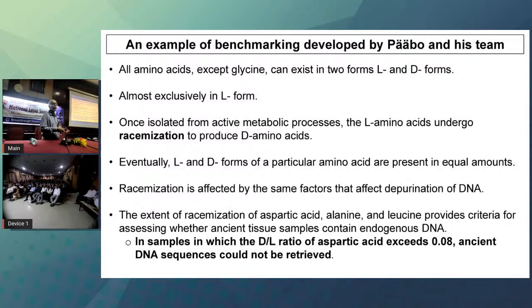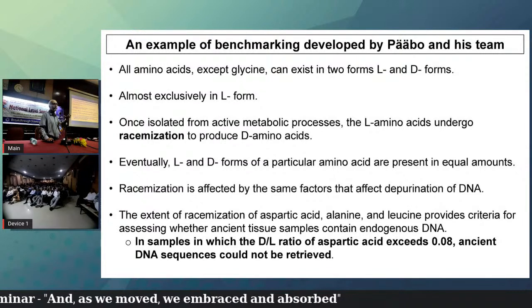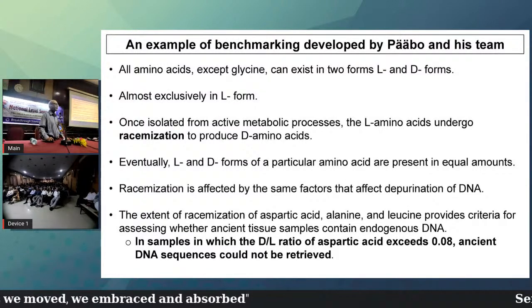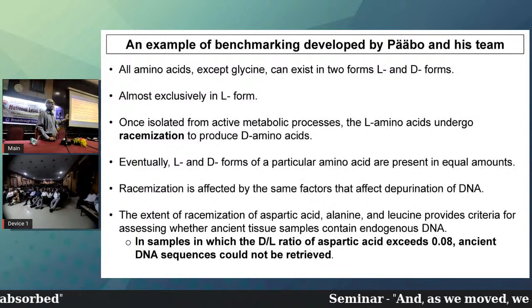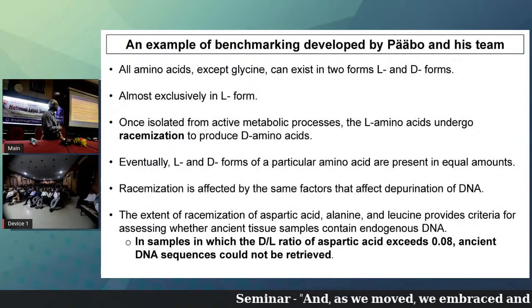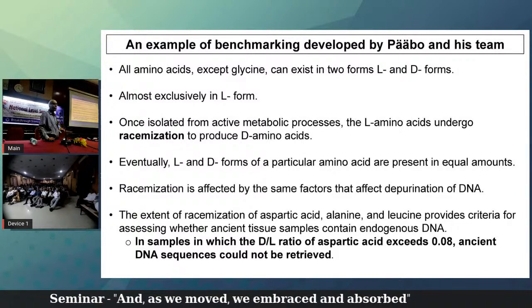Ultimately, if you leave it for a long time, you get 50-50 of two kinds, left-handed and right-handed. But because of certain chemical processes, if you take ancient DNA and try to sequence, because of the changes in the amino acid, you get false sequences because those kinds of chemical changes have already taken place, and racemization is a major problem in sequencing of the ancient DNA.